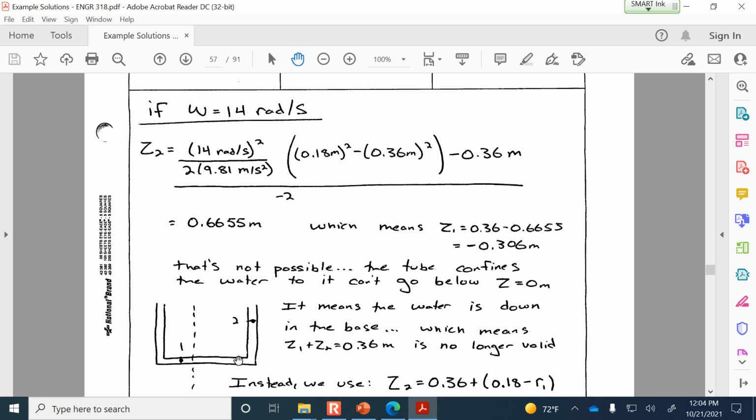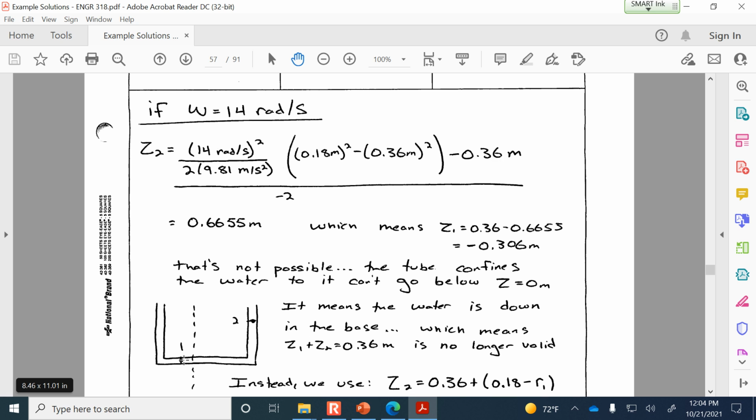And now what we're doing is we're relating the elevation at 2 in terms of where the radius is at 1. And so this becomes a little more tricky because in the past we were able to just know exactly what the radius was. That was a given. R1 and R2 was known.